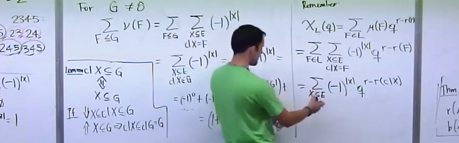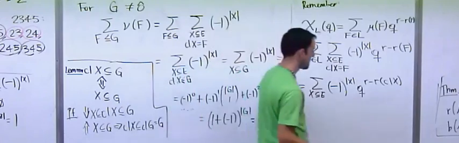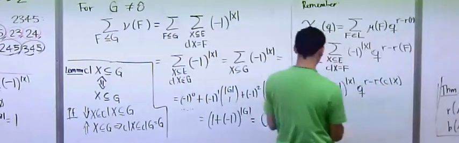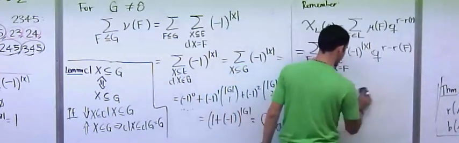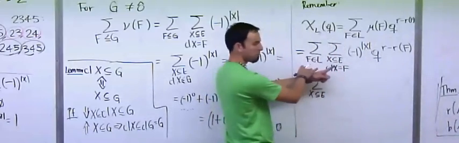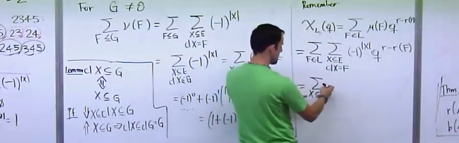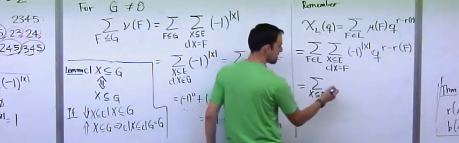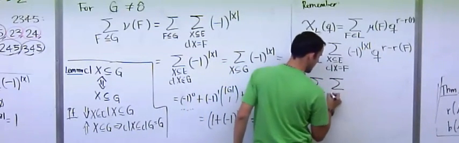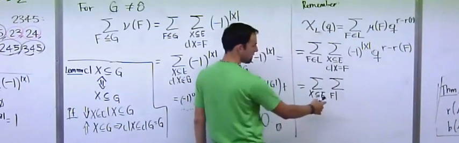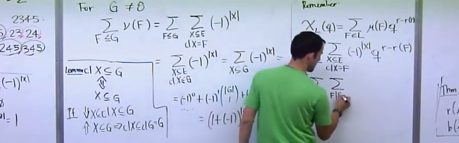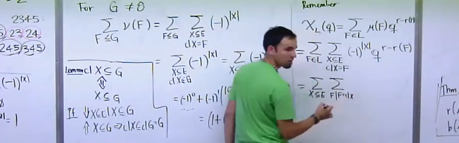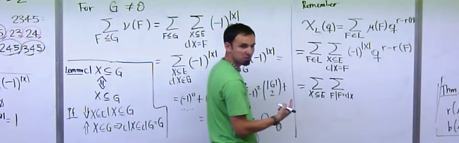The point is, I'm skipping a step, but the thing is that it's kind of a silly step. When you flip the order of summation, now the first summation is over all the x's in E, and the second summation is over all the f's such that f is equal to the closure of x. So really there's only one summand there.